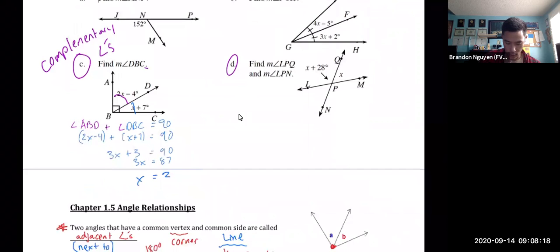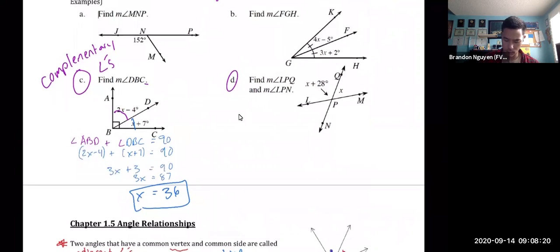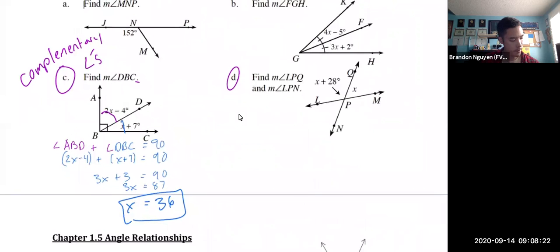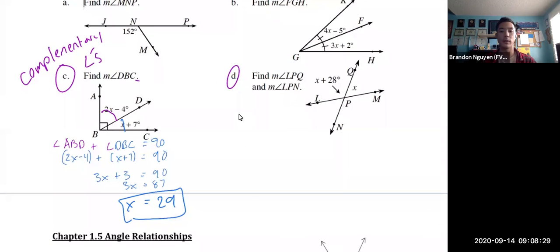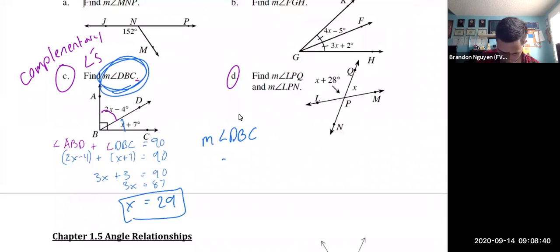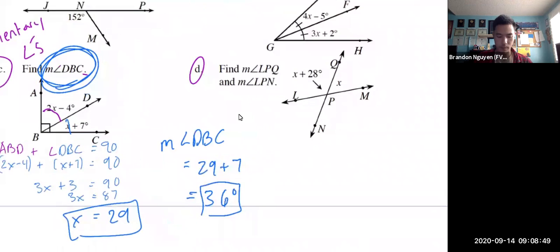X equals 36. Boom. Is that right? That's not right. Nope, 29. Are we done here? Heck no, we're not. We gotta find angle DBC. So to find angle DBC, plug it in. So the answer is 36. That's your official answer. 36 degrees.